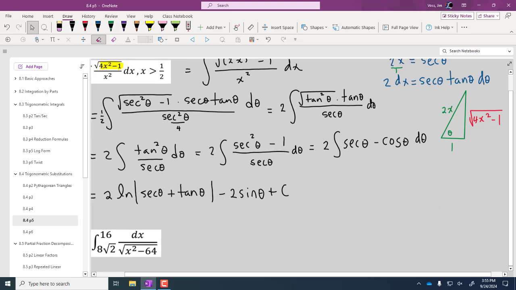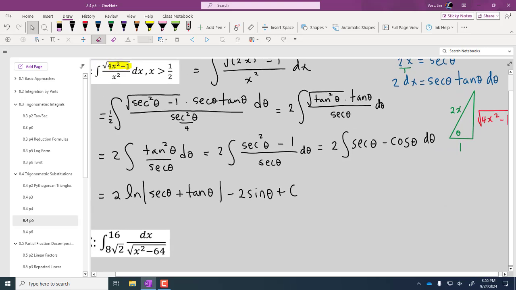As you've probably started to notice, when you find your missing side, it usually matches something that's in the original integral. If you get something that looks dramatically different than what was in the original integral, you've probably done something wrong. Spend 20 minutes finding your mistake, and it was on step 1.